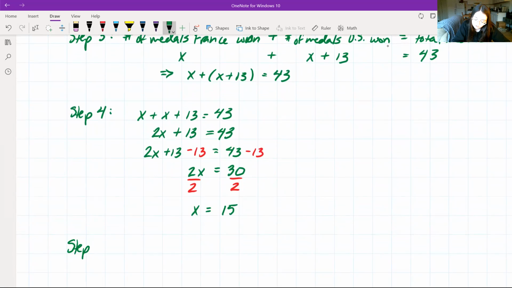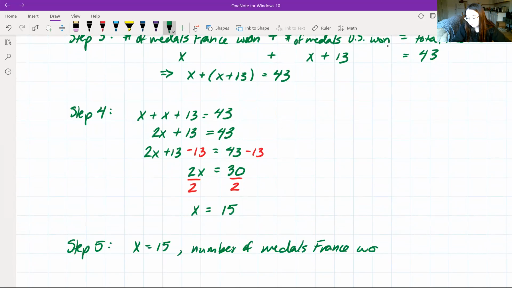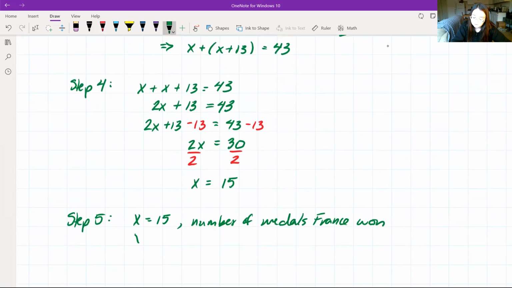Now our step 5, we just want to state our solution. So we have x is equal to 15, and this is the number of medals France won. And x plus 13, which will now be 15 plus 13, is 28.